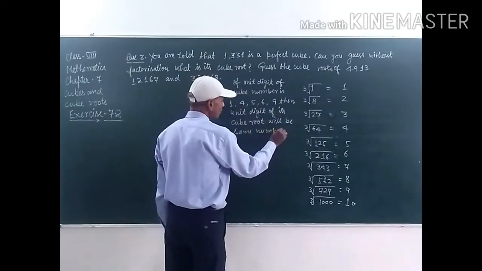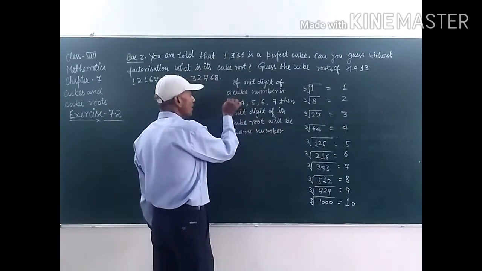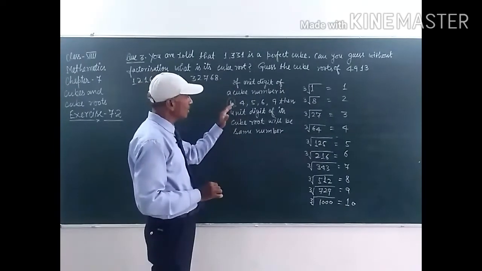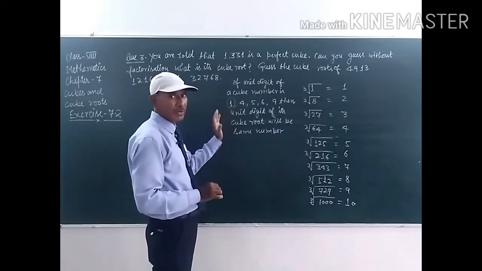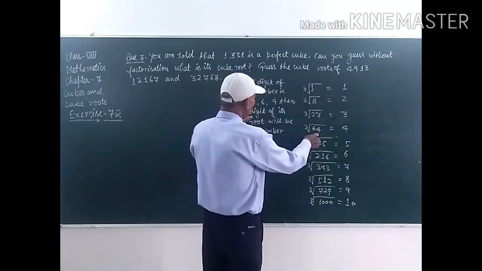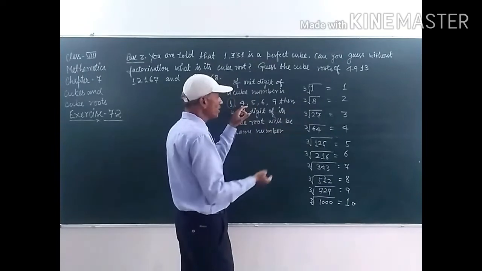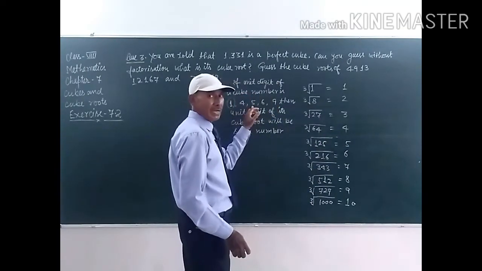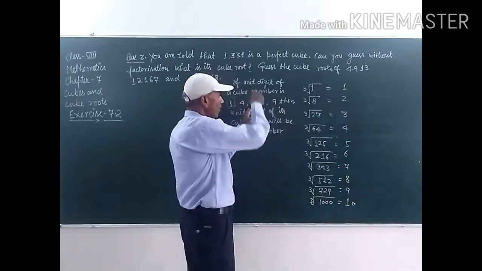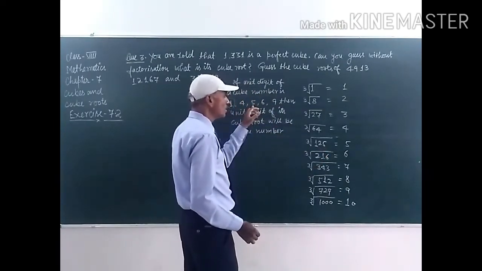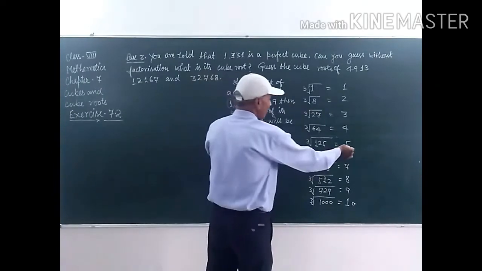Same number means, student, if the unit digit in the cube is 1, then the unit digit in the cube root will also be 1, same number. If the unit digit is 4, then in the cube root the unit digit will also be 4. If the cube number's unit digit is 5, then its cube root ends with 5.